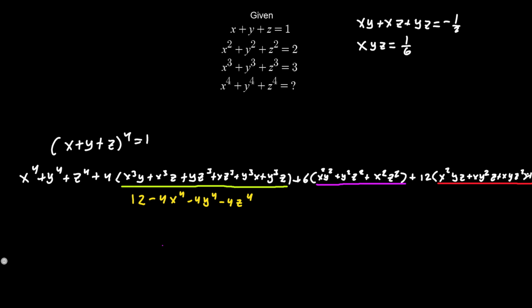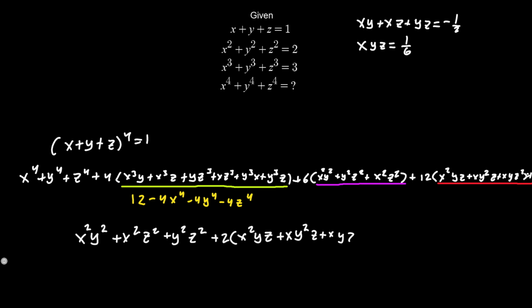So we're going to look at x squared y squared plus x squared z squared plus y squared z squared plus 2 times x squared yz plus x y squared z plus x y z squared. That is equal to 1 over 4.